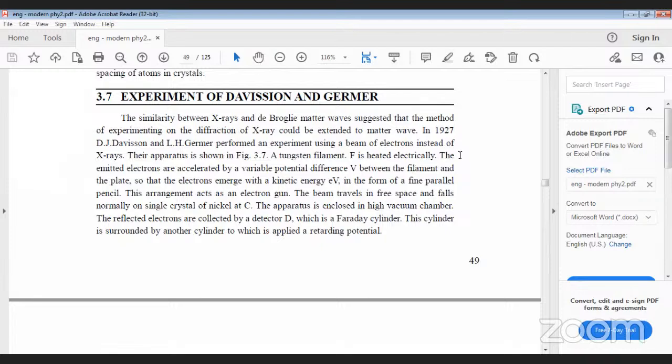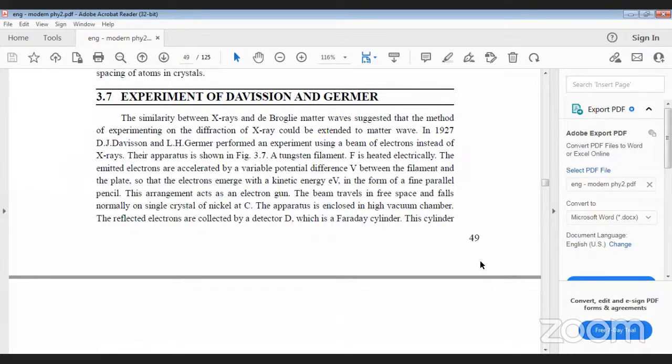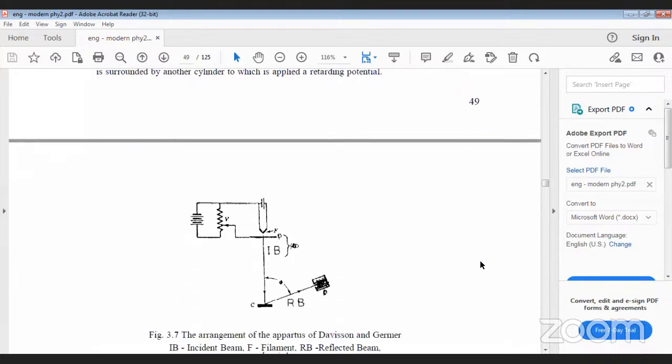What is the difference here? In place of X-rays, electrons were used in this experiment. So here, as we see, this is the high voltage battery, rheostat, voltage and a beam.